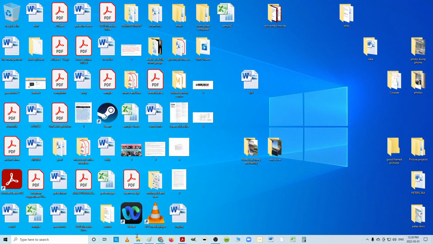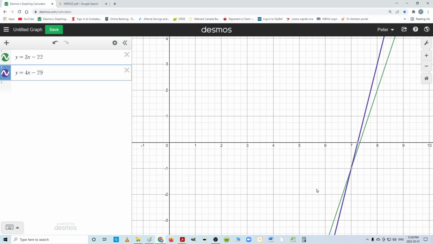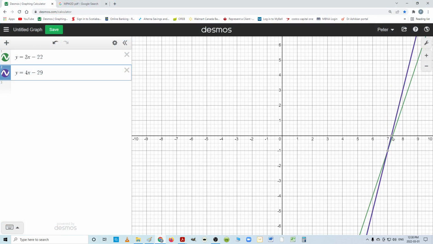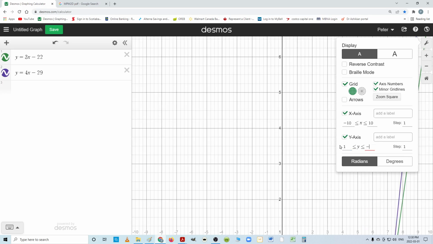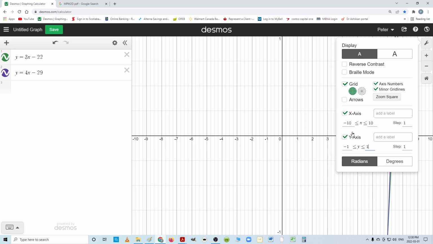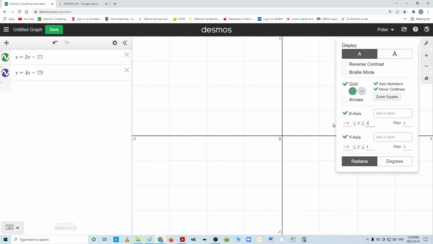So get comfortable with your Desmos and get comfortable with various buttons. For instance, if that's not visible for you, I can squish my y-axis down a little bit. Oh, that didn't do it. So I can squish my x-axis a little bit.